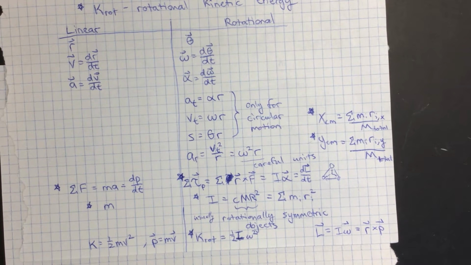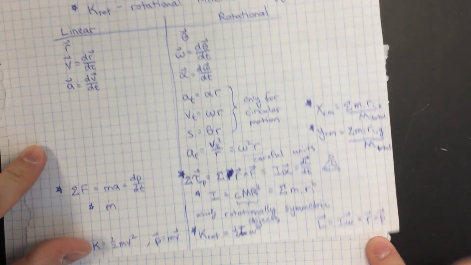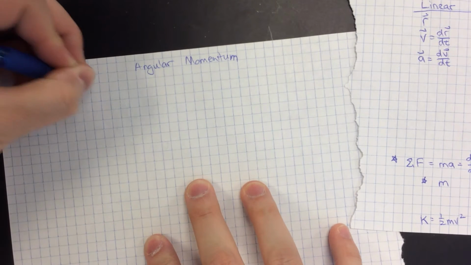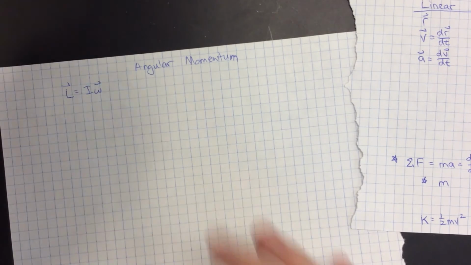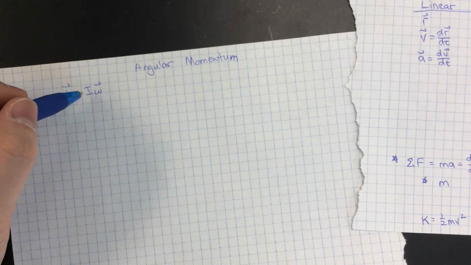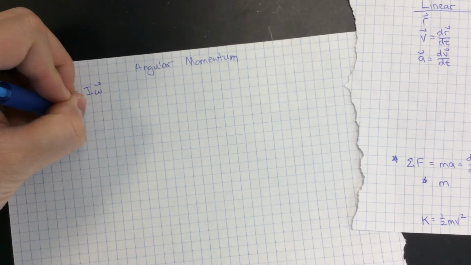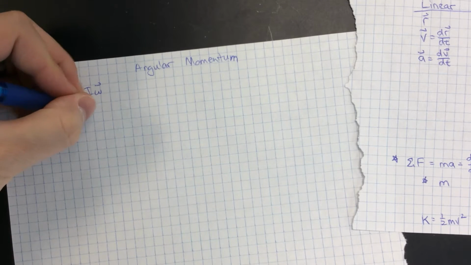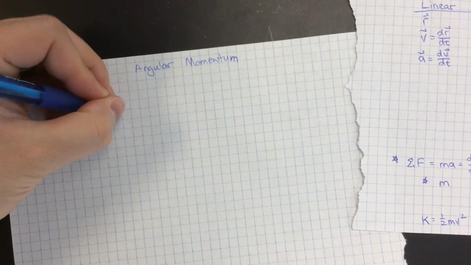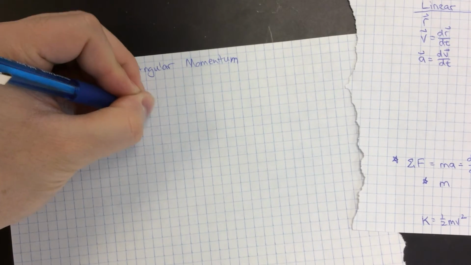Okay. So if we look at angular momentum, it is L equals I omega. But I is a function of your radius, right?